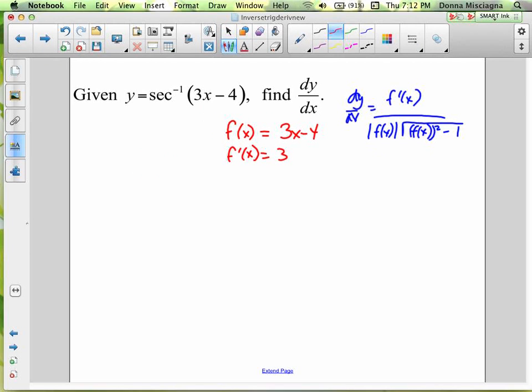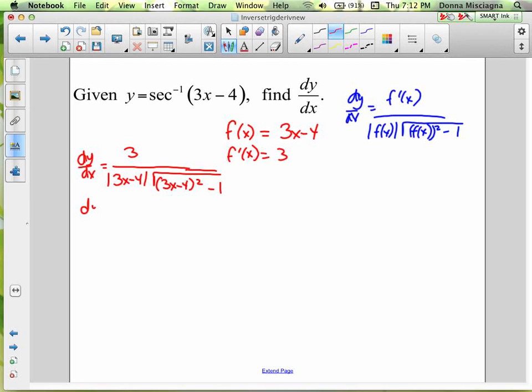So dy/dx equals 3, right, f prime of x, divided by the absolute value of 3x minus 4 times the square root of (3x minus 4) squared minus 1.